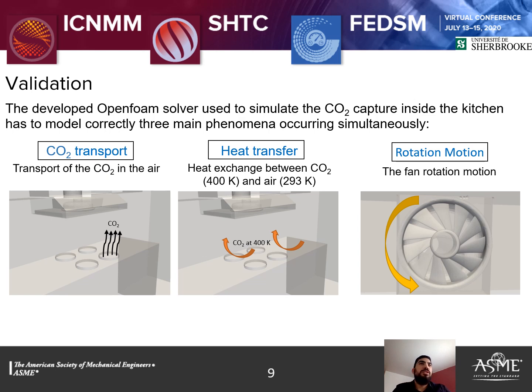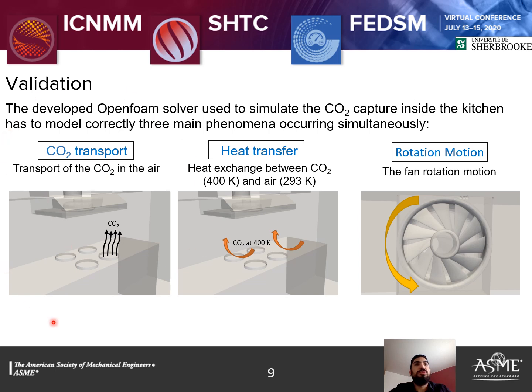So the developed OpenFOAM solver that we use here to model the extraction of the CO2 by the range hood system has to predict accurately the three main phenomena occurring in the kitchen. These three main phenomena occur simultaneously.